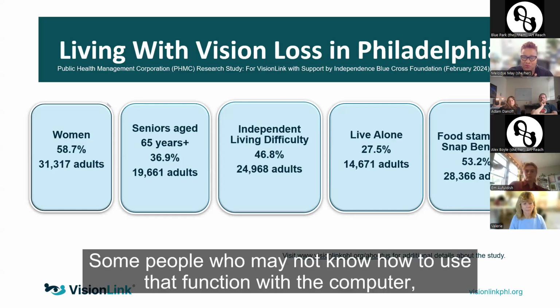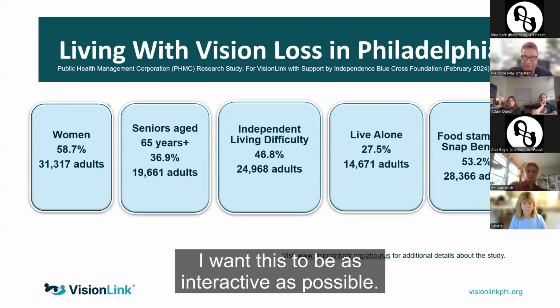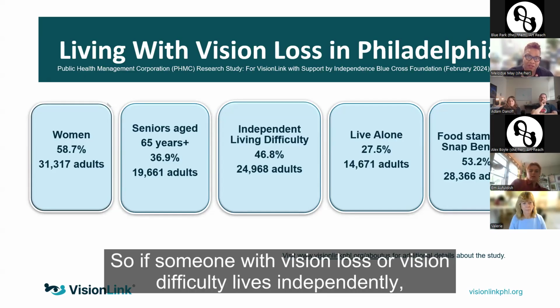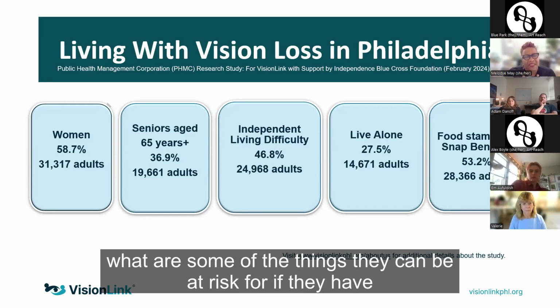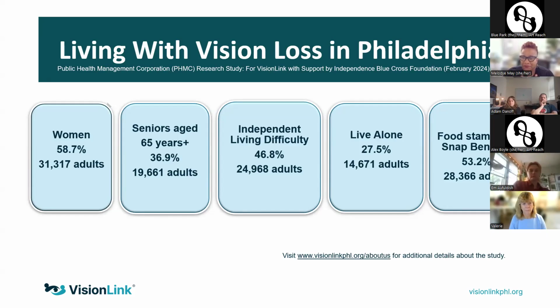Some people who may not know how to use that function with the computer, you certainly can unmute. I want this to be as interactive as possible. So, if someone with vision loss or vision difficulty lives independently, what are some of the things they can be at risk for if they have trouble living by themselves?